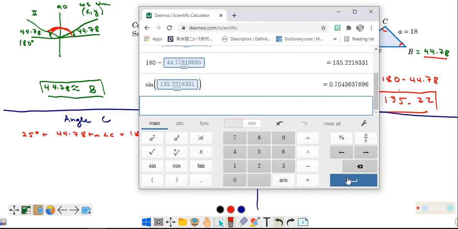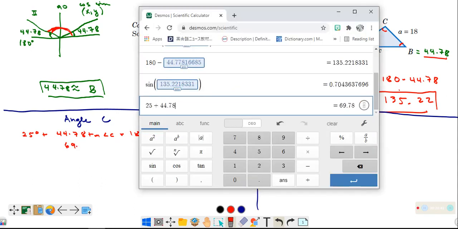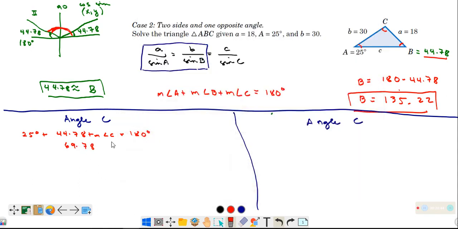Gawa tayo ng panibagong line. 25 plus 44.78 pala. Okay, 69.78. So we have here 69.78 plus the measurement of angle C is equal to 180 degrees.